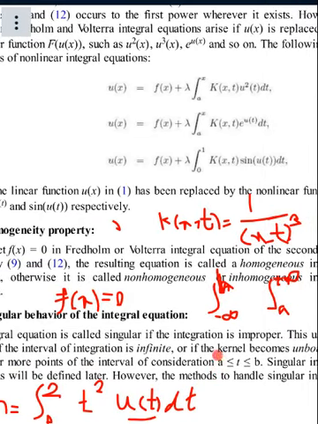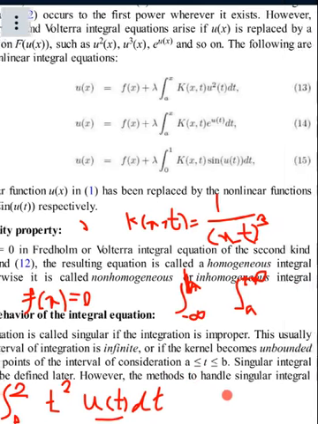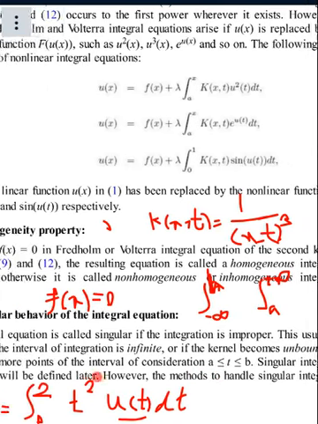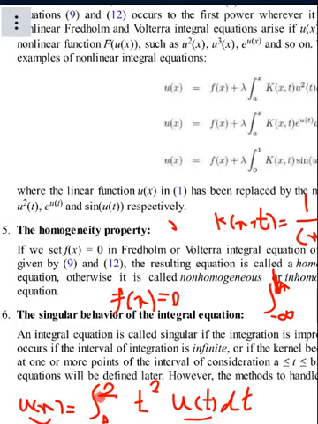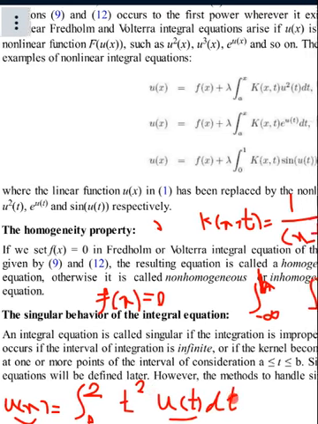For example, if we consider the interval of integration from a to b. Singular integral equations will be defined later. Actually, we defined it, but we will explain them with more details in the next topic.